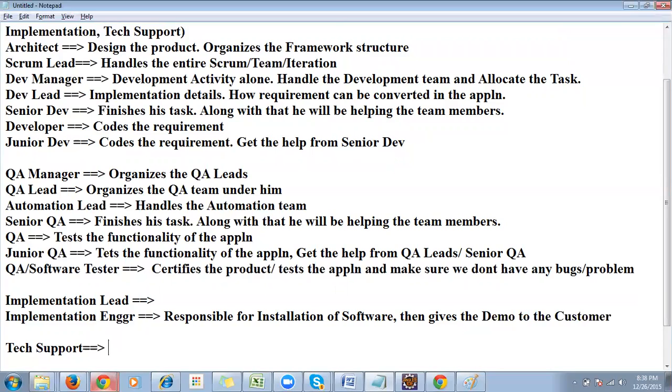They are the first contact for the application, responsible for the application, and they will be the point of contact to the client, to the customer.